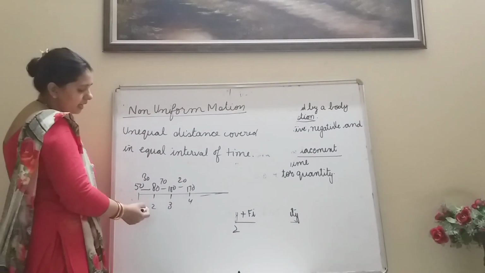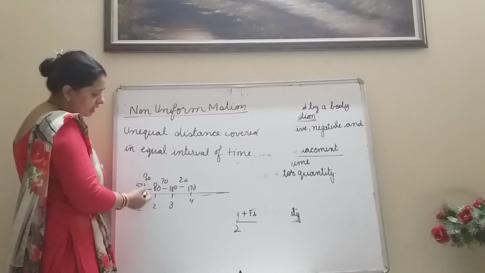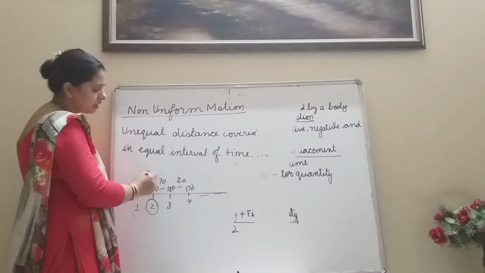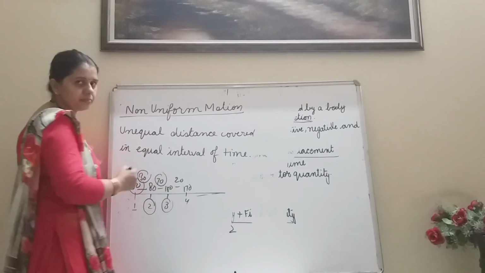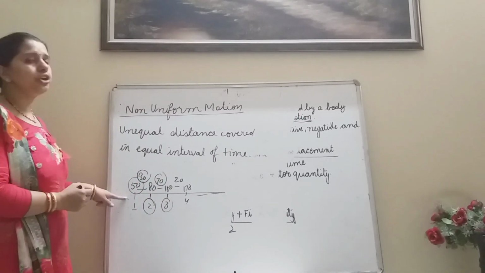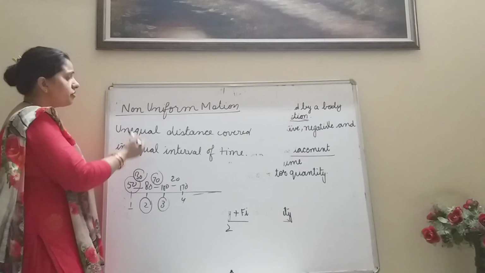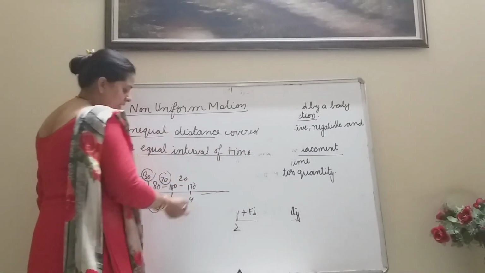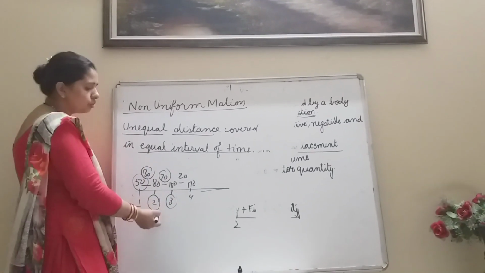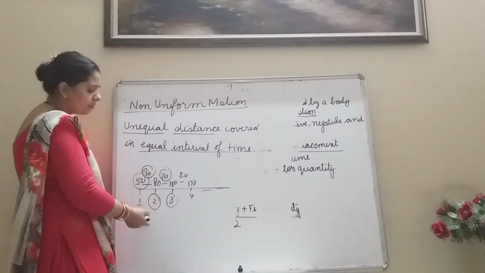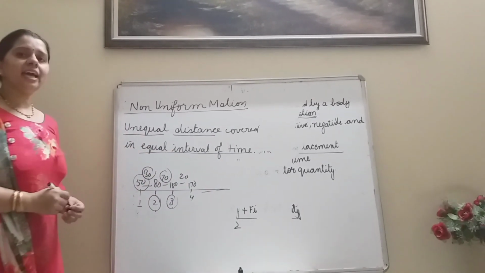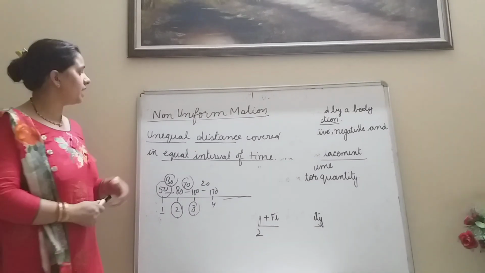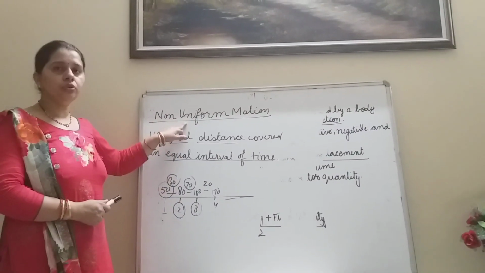It means in the first hour it covers 50, in the next hour it covers only 30, and in the next hour 70. It means it is non-uniform motion. The vehicle is covering unequal distance in equal intervals of time. Time is equal, 1, 2, 3, 4, it can be 5, 6, 7, 8, but the vehicle is covering unequal distance. So it is non-uniform motion.